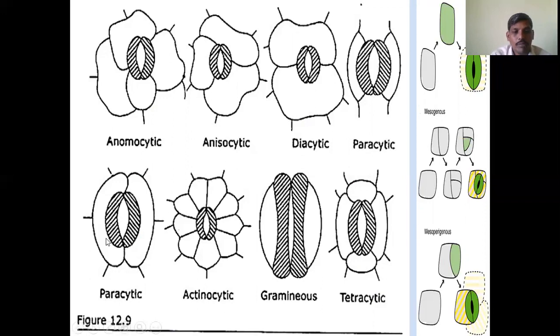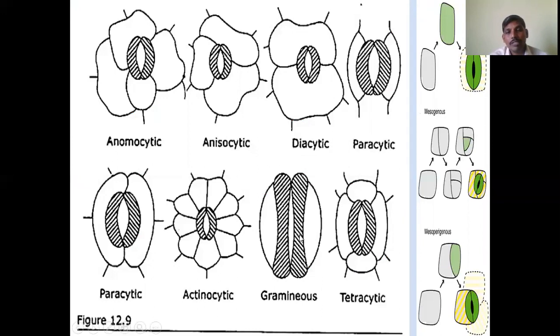Along with these four types, other types also exist. Tetracytic means two guard cells are surrounded by four subsidiary cells which are arranged, two parallel and two above and below the guard cells. This is called tetracytic.